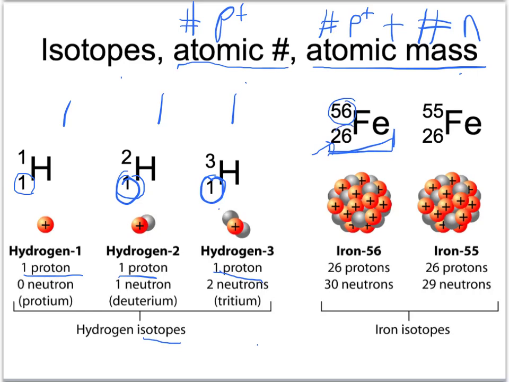So if I know there are 26 protons and the atomic mass is 56, I have to find the difference. 56 minus 26 gives me 30. So there are 30 neutrons in that isotope of iron. Now, you've got to remember that the bottom number is the atomic number, or the number of protons, and the top number is the atomic mass, or the number of protons plus neutrons.